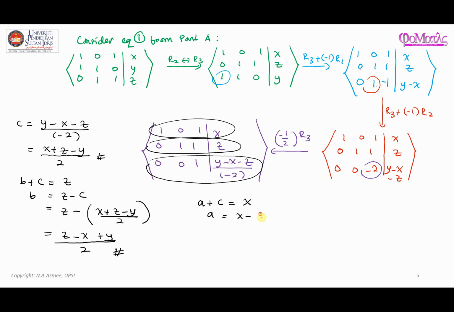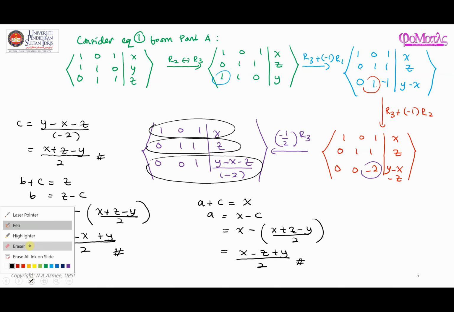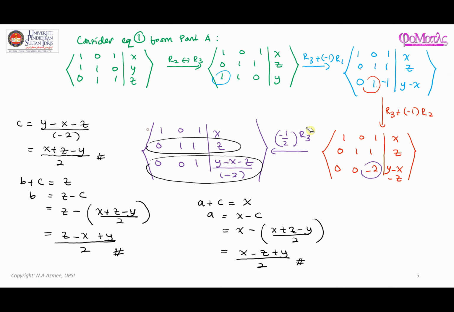A is x minus C. x minus C is x plus z minus y over 2. And if you simplify that, you will get x minus z plus y over 2. So that's what you will get for that one. Now I shall just erase this part here.